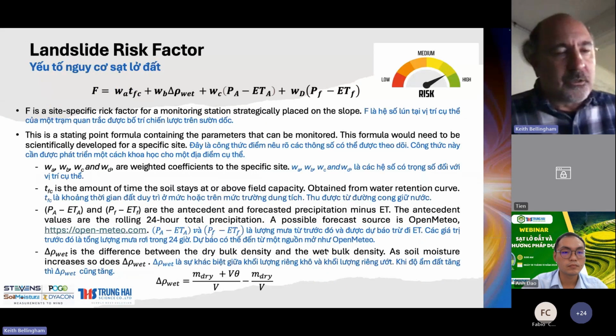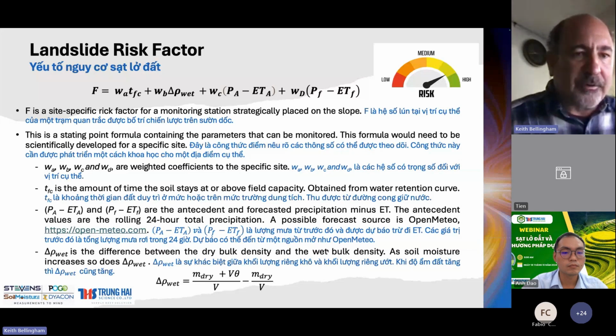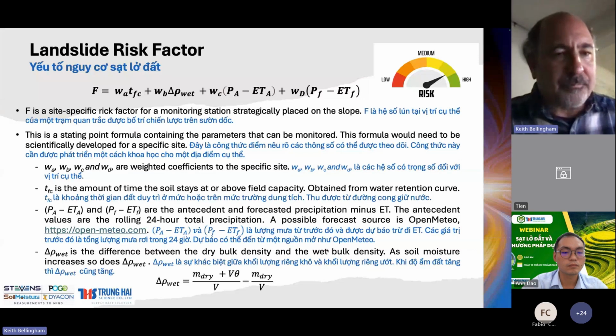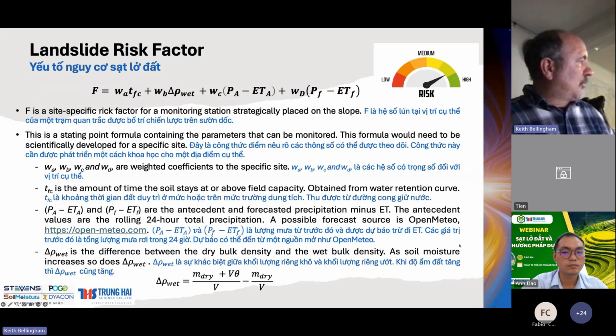So next, it's possible to arrive at a factor that can be calculated in real time from a monitoring station. First, in a risk factor calculation such as this, again, it's just a risk factor. It's just a probability of risk.